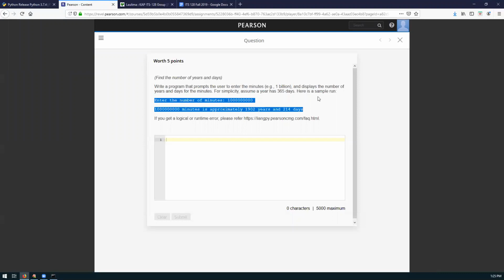I'm going to change it to display the number of centuries and display the number of years, hours, okay? So I'm going to start up a new one here.